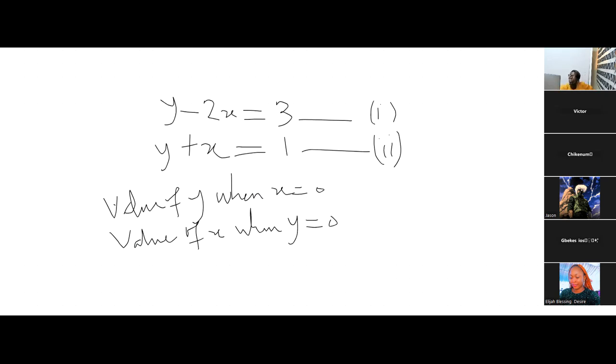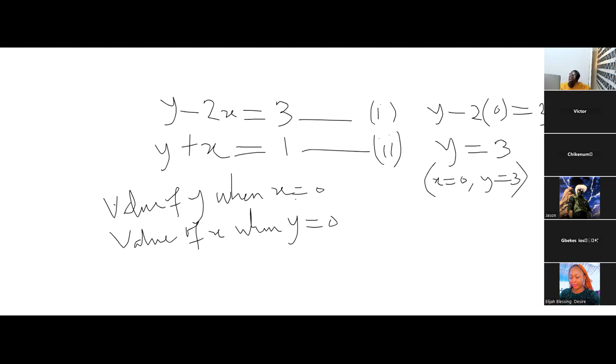Take equation 1, and when x is equal to 0, anywhere you see x, put 0. Then y minus 2 into bracket 0 is equal to 3. 2 times 0 gives 0, so y is equal to 3. That means anytime x is 0, y is 3. You now have the coordinates x is equal to 0, y is equal to 3.